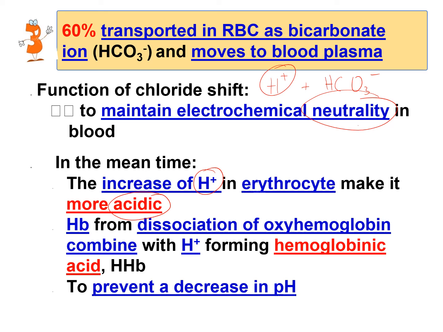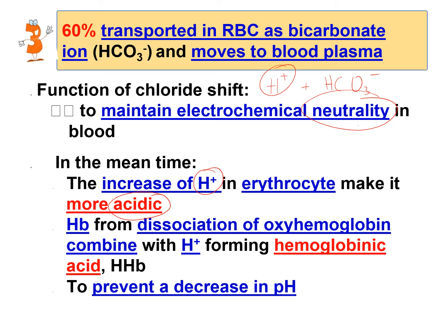We cannot expel the positive ion out of the erythrocyte just to make the erythrocyte less acidic or more electrochemically neutral.